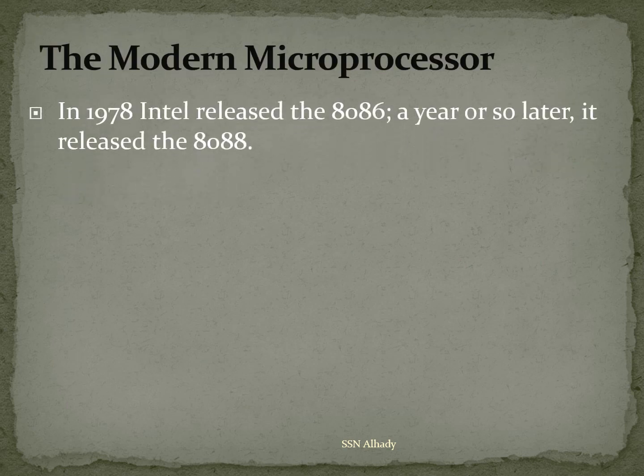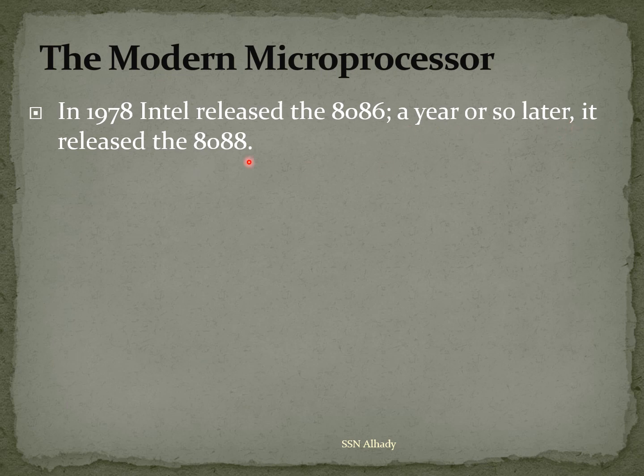Okay, now a modern processor which is still being used until today. It was introduced in 1978 by Intel. It is the 8086.